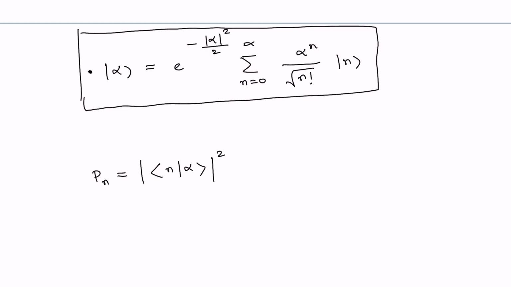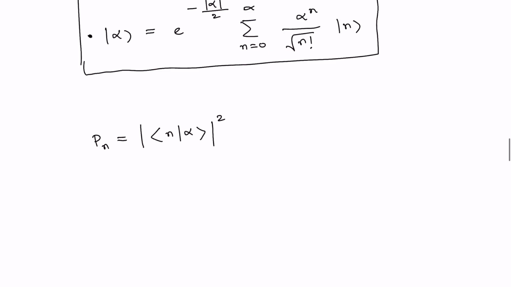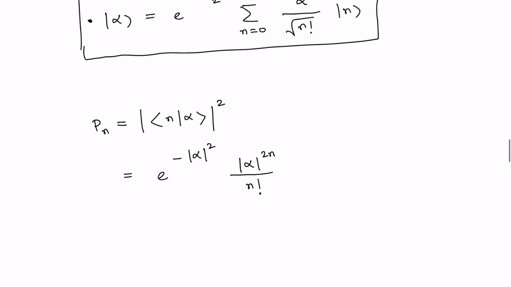If you take the mod square, you are going to get this expression. It will be e to the power minus mod alpha square, times modulus of alpha to the power 2n divided by n factorial. Now if you look at it, you see that this is nothing but a Poissonian distribution.